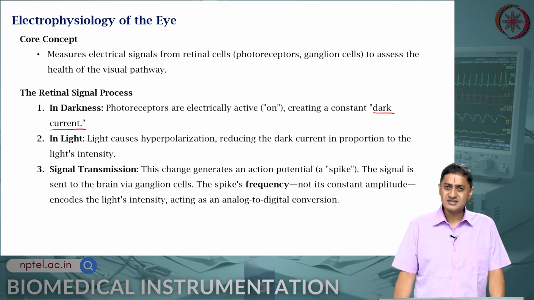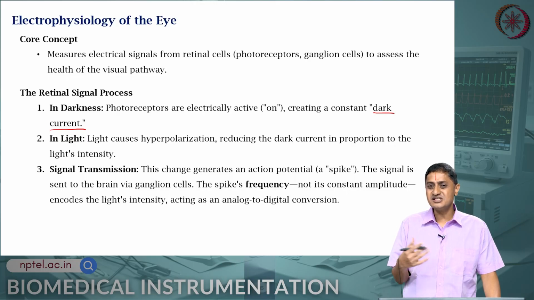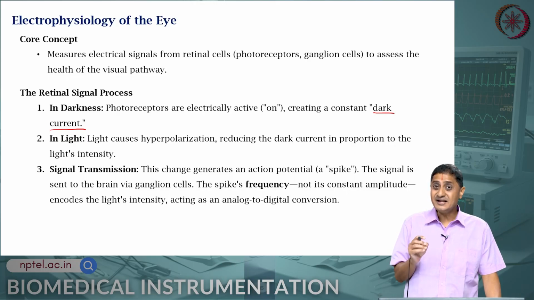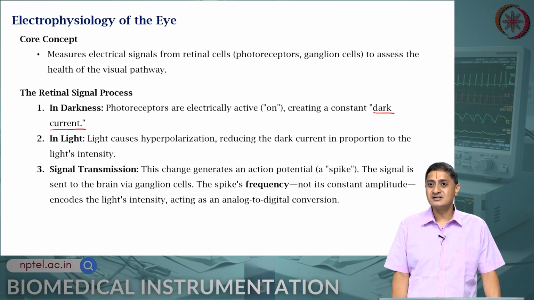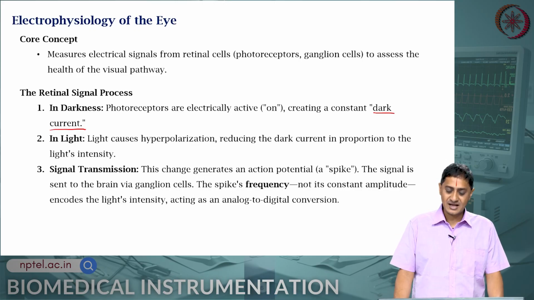Usually whenever a signal is detected, it causes depolarization, changing the frequencies, but in this case light actually causes hyperpolarization, reducing the dark current in proportion to the intensity of the light, and this essentially generates an action potential that is then sent to the brain via the ganglion cells.